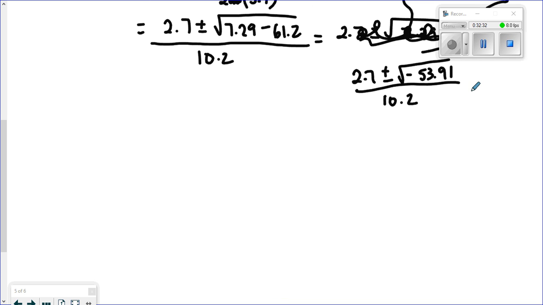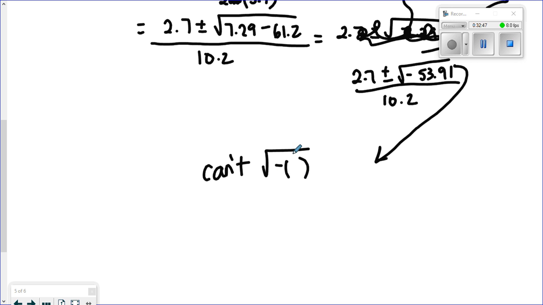Under that radical symbol right now, we have a real problem. We can't have a negative radicand. So we can't have a negative number under a square root symbol. There's no number that multiplies by itself to give a negative.